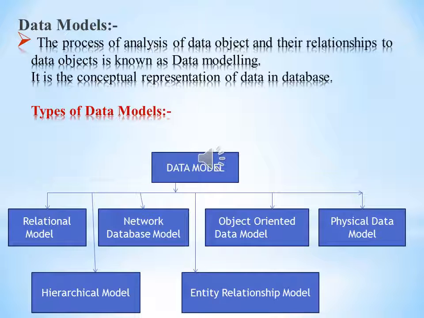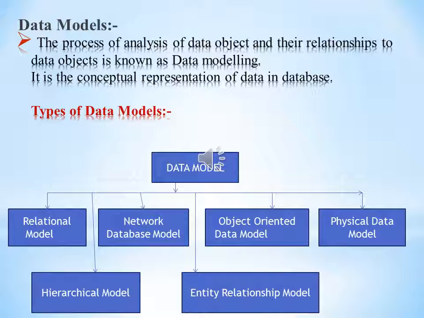Now, the next topic is the data models. The process of analysis of data objects and their relationship to other data objects is known as data modeling. It is the conceptual representation of data in the database.